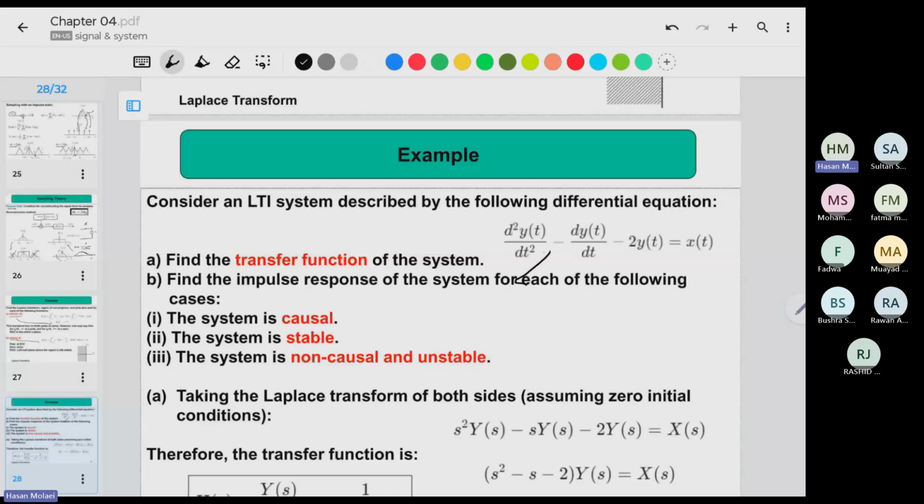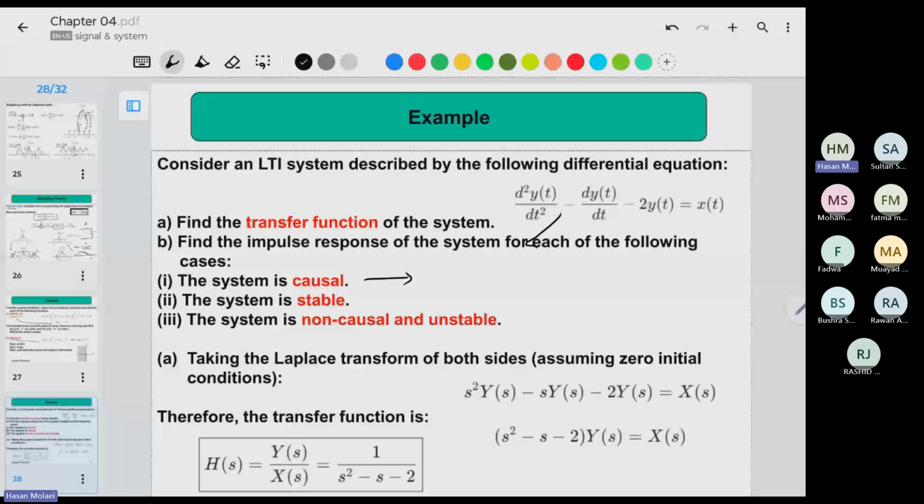The transfer function, we move all to the S domain. If the system is causal, which means the ROC should be right-sided, so we can easily find. If the system is stable, which means the ROC should be, yeah, it should be.